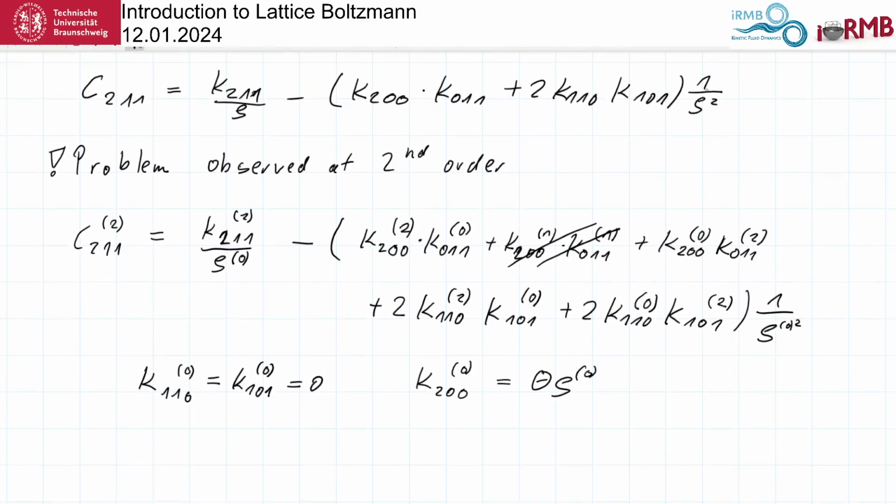Now if we plug all of this in, what we're ending up with is C211 to second order is equal to K211 to second order divided by rho 0 minus theta K011 to second order divided by rho to 0 order.